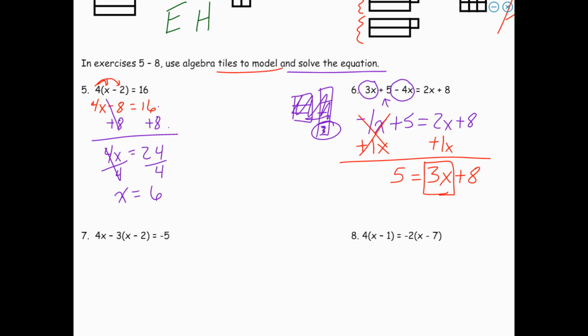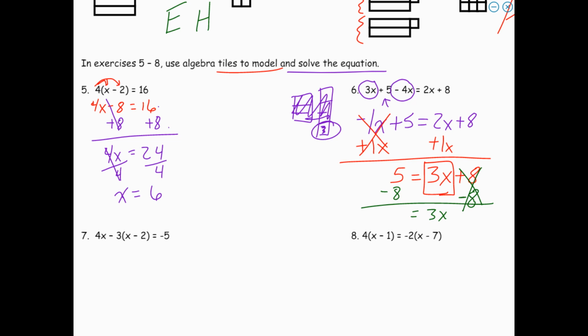So I need to get rid of this positive 8. How do I cancel my positive 8? Same amount, but different sign. If I do it to one side, I have to do it to the other side. So those cancel. It didn't change my 3x; I still have 3x's over there. What is 5 minus 8?